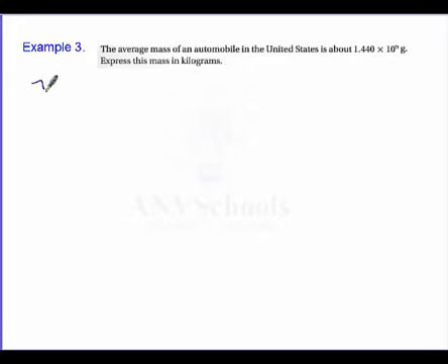So what's the mass of the object? The mass of the object is given by 1.440 multiplied by 10 to the power of positive 6 gram.